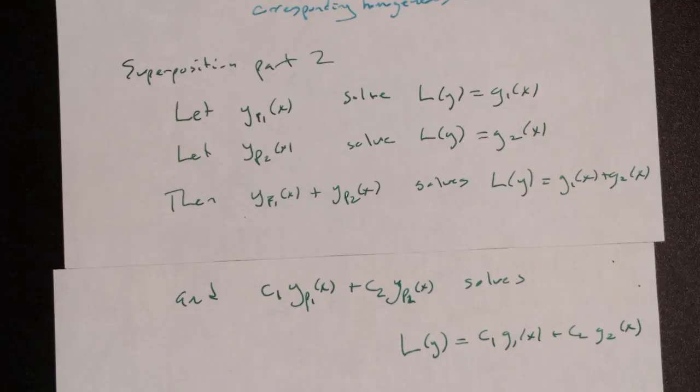You add the g's, you add the yp's. You multiply the g's by some numbers. You multiply the yp's by those same numbers. Okay, wait a minute. This is our definition for linear behavior in linear algebra. Particular solutions are linear, just like the whole idea of these differential equations are that they are linear differential equations.